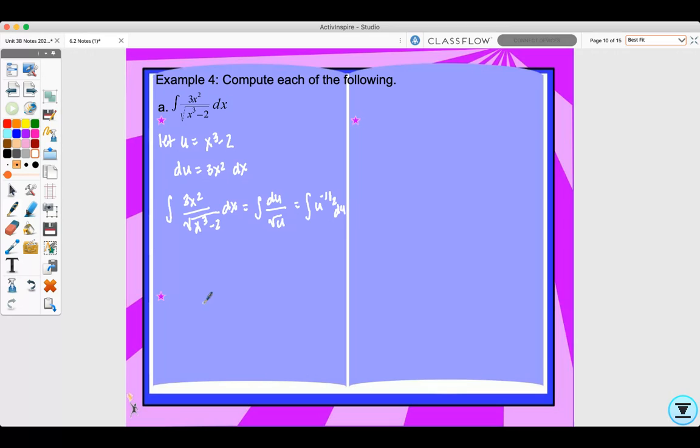Add 1 to the exponent, divide by the new exponent. So negative 1/2 plus 1 would be 1/2, divided by 1/2 plus c. When I divide by 1/2, this would equal 2u to the 1/2 plus c. Replace u with what it is, and I would get 2 times the square root of x cubed minus 2 plus c.